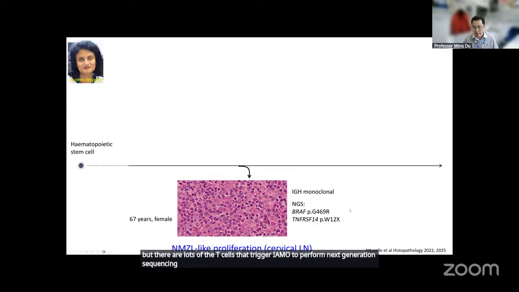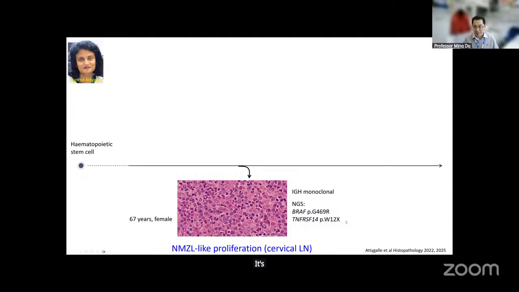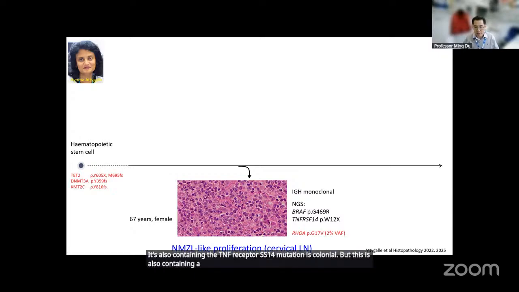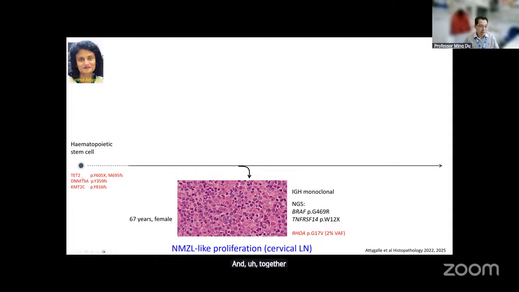We demonstrated this contained a BRAF mutation, which is an activating mutation. It also contained a TNF receptor SF14 mutation. It is clonal, but also contains a low level of the RHOA mutation, together with a high VAF of the TET2 and DNMT3A mutations.